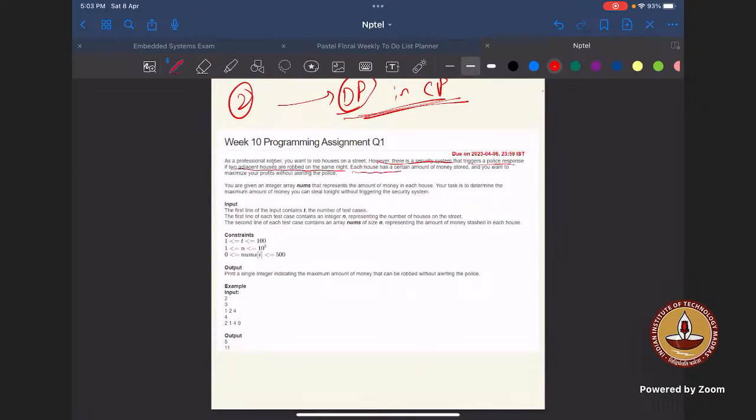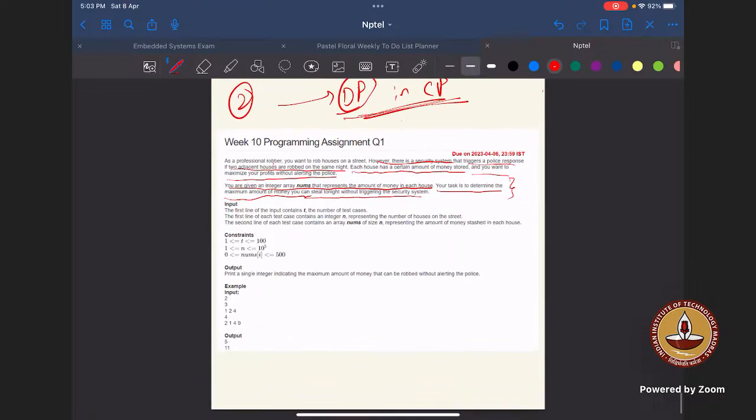And each house has a certain amount of money stored, and you want to maximize your profits without alerting the police. So basically, you are given an integer array nums that represents the amount of money in each house, and your task is to determine the maximum amount of money you can steal tonight without triggering the security system. Okay, so the question is very simple.